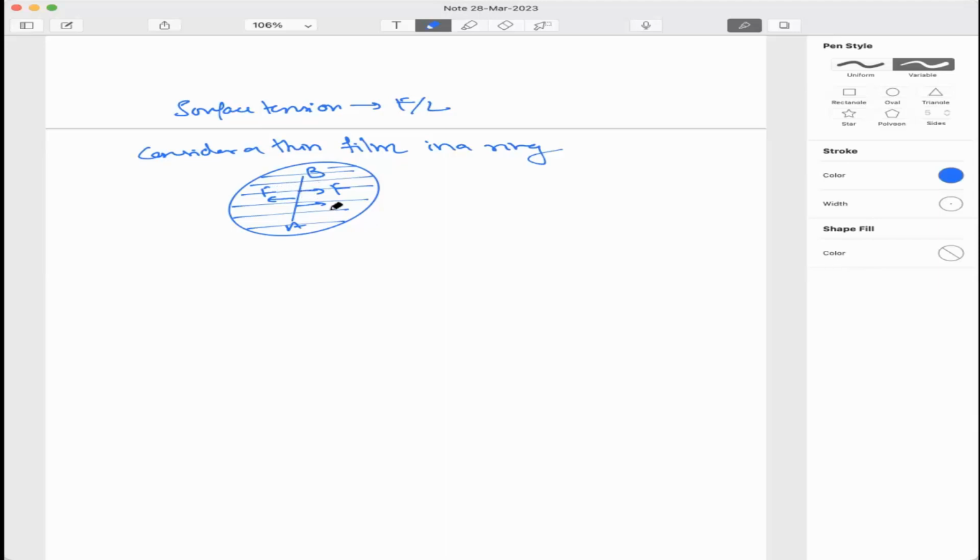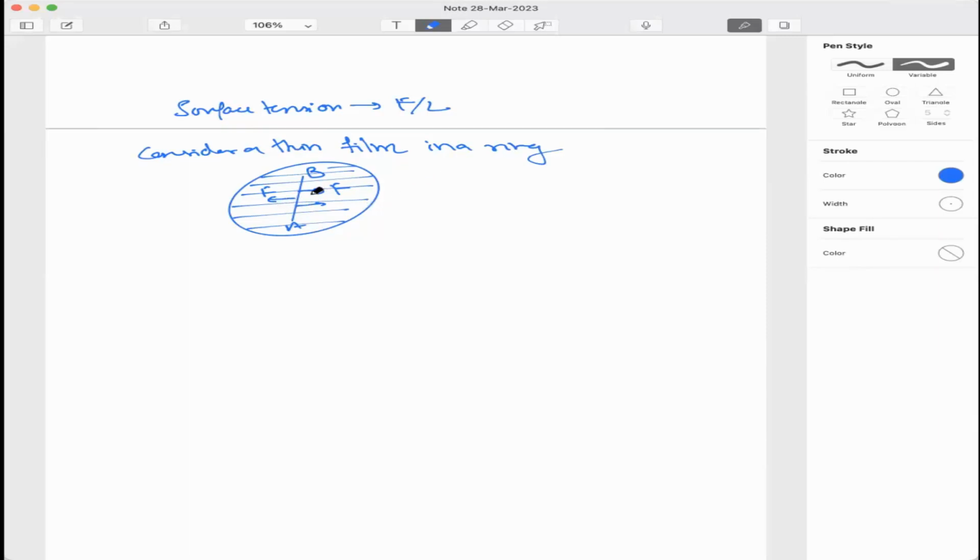That is the surface tension that lets the needle sit on the surface, and nothing is happening because of the forces acting on this needle, such that it remains in an equilibrium state.